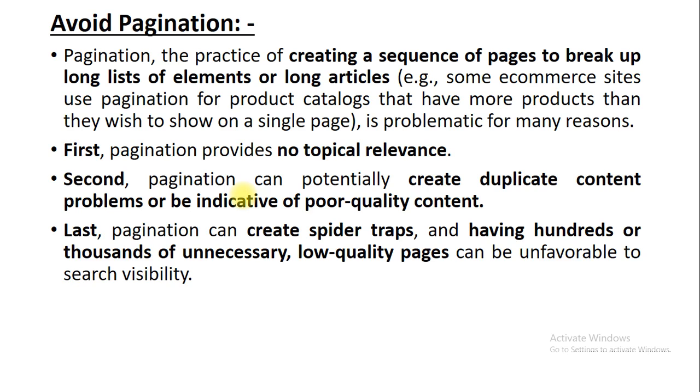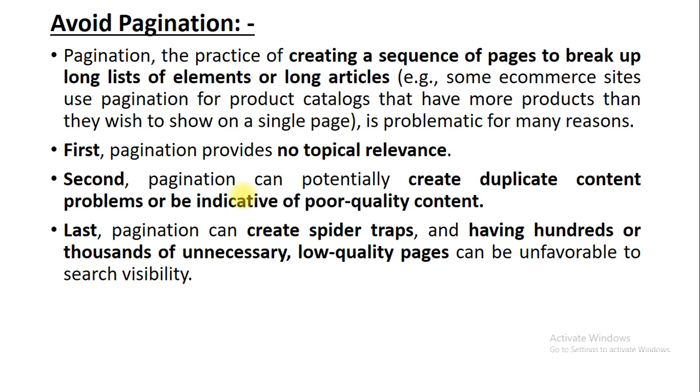And last, generally pagination can be applied when you want to trap the spider. How is the spider trapped? Because there are thousands of links connected with the pages, right? And all the pages you have designed are low quality pages. We know that if low quality pages are given in the website, they cannot be favored by the spider, right?